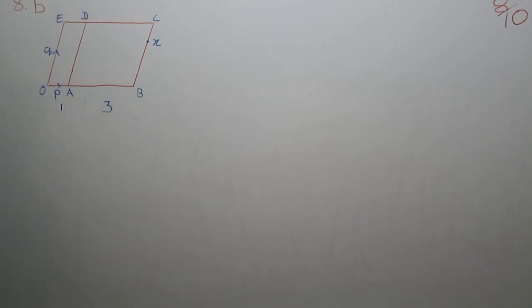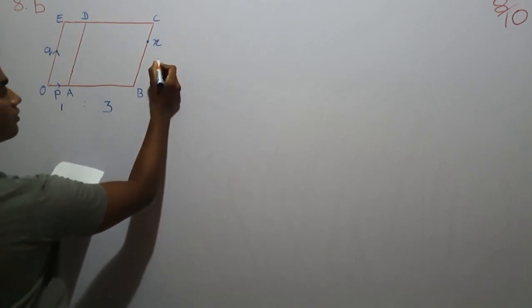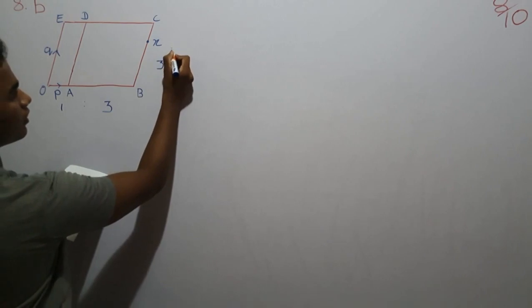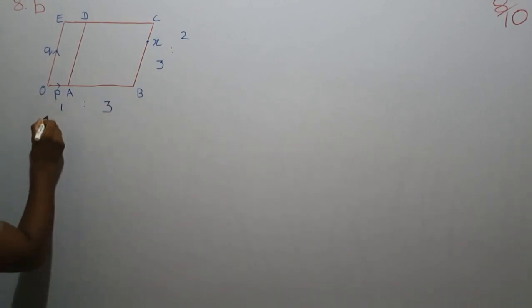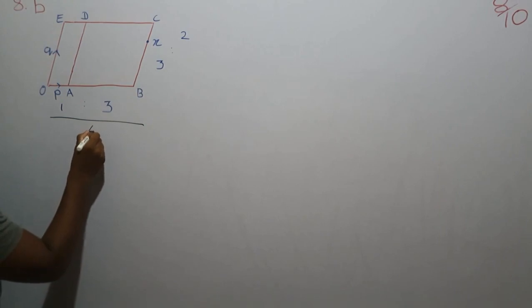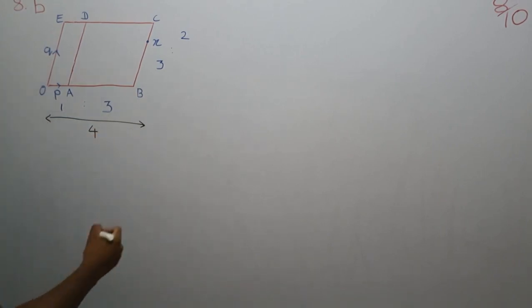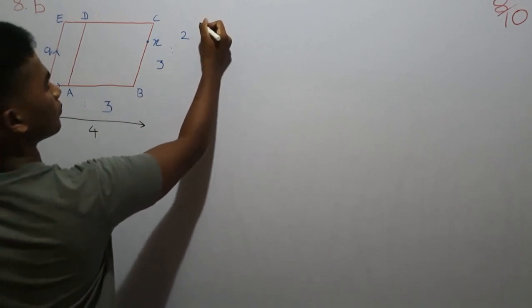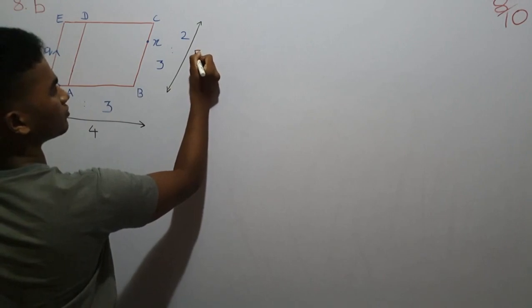So X is a point on BC such that BX is to XC is 3 is to 2. So if we take the total of OB as equal to 4, and this total is equal to 5.